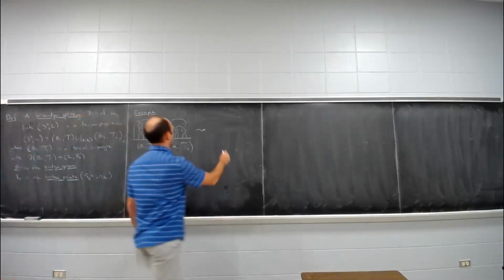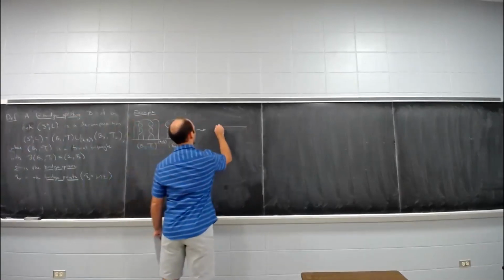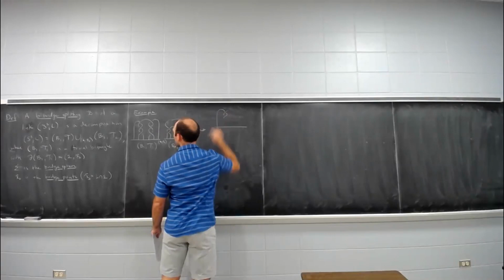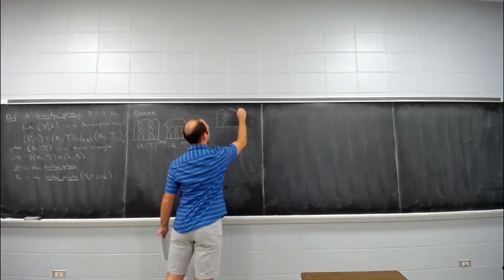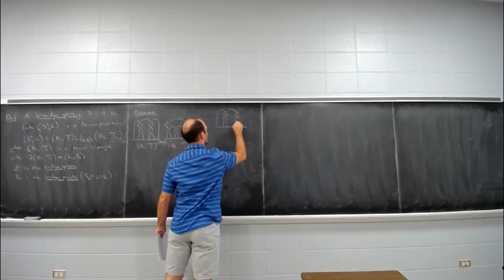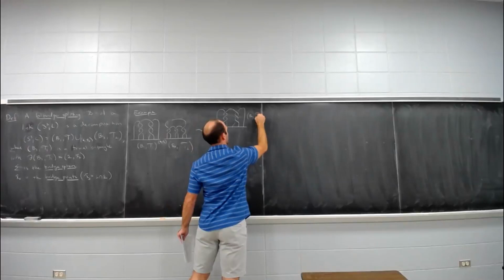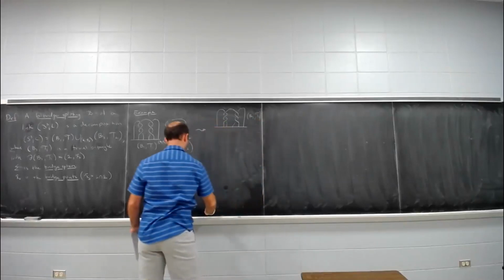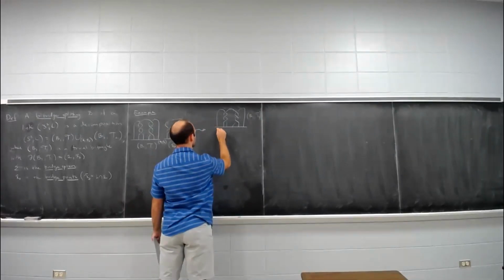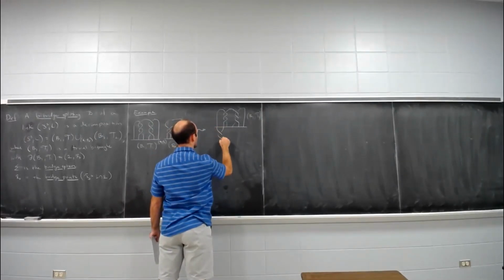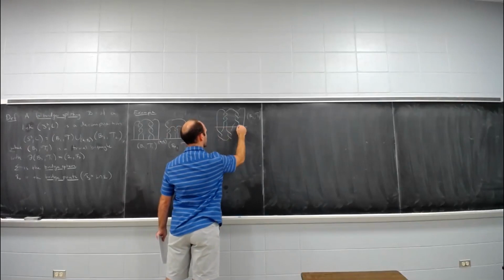So really, especially in this dimension, we can draw these. B1 is sitting up top, and then we can think of B2 as sitting down here.